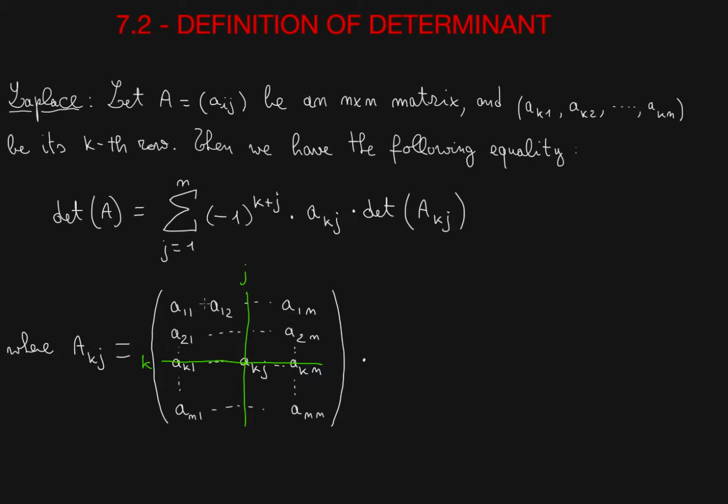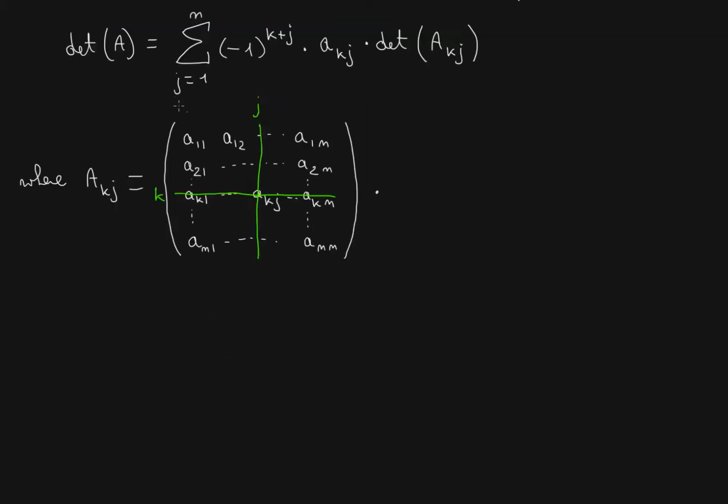What remains is an n minus 1 by n minus 1 matrix with coefficients inherited from the matrix A. If we look carefully at this formula, we will notice that this expression depends on the kth row that we have chosen. So k can be 1, 2, 3, and so on, up to n.